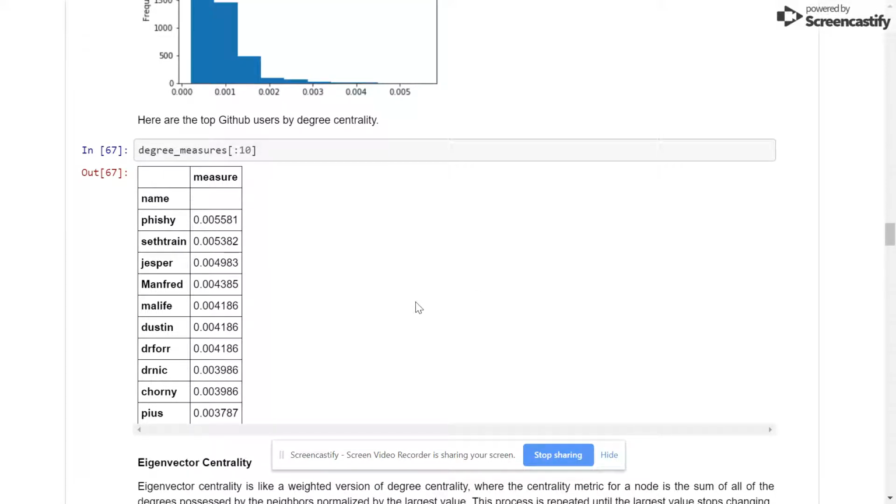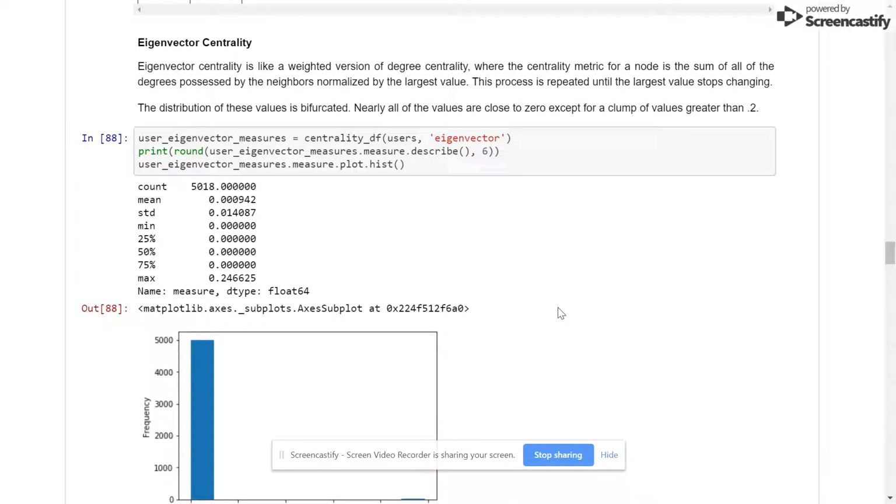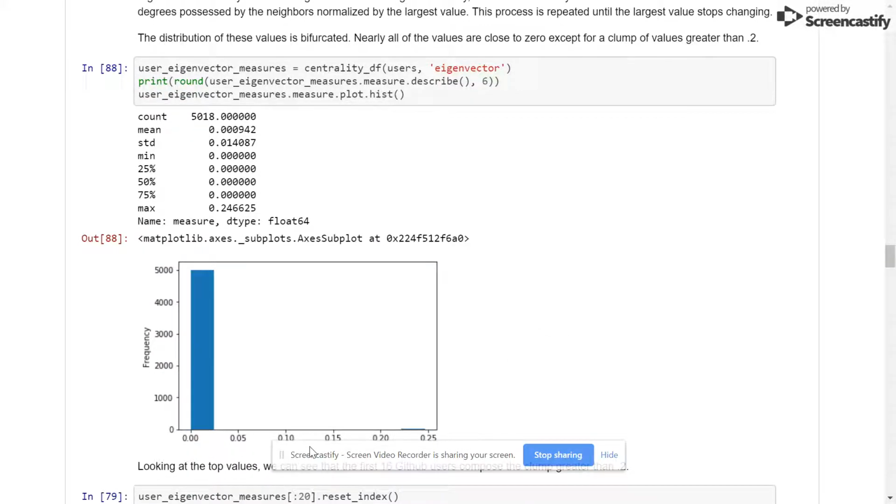And let's compare degree centrality to eigenvector centrality. Eigenvector centrality is like a weighted version of degree centrality. First, the distribution is a little different. It's very bifurcated, where nearly all of the users have an eigenvector centrality near 0, except for a tiny little clump that have a centrality value of over 0.2.